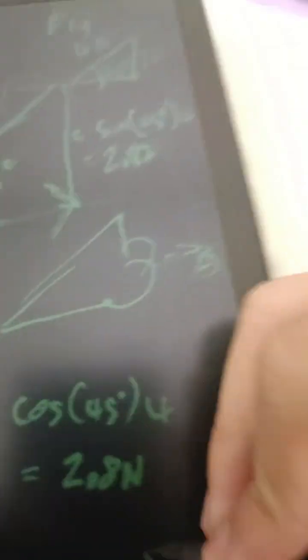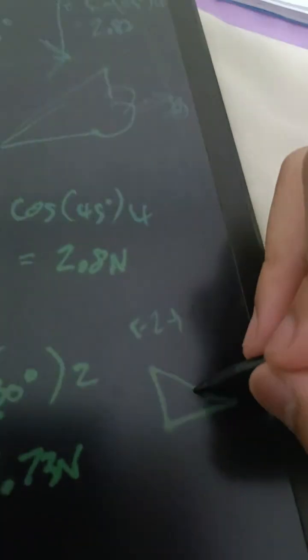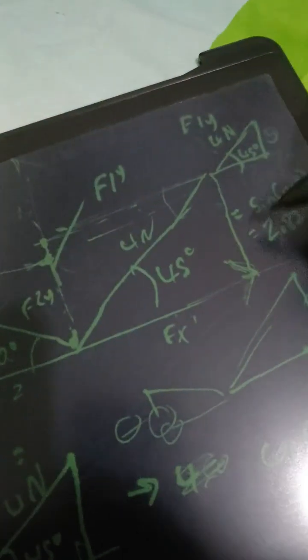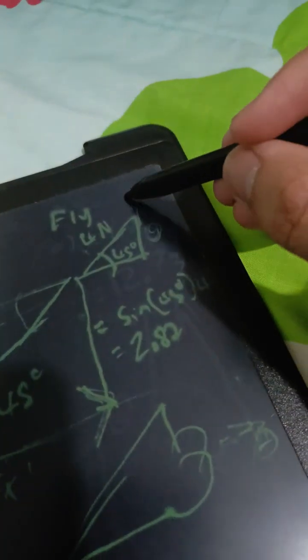Now f2y. Let's just put it over here. And oh yeah, by the way, this rule of which butt is facing left and right is only for fx, or f1x, f2x. For f1y, we're counting this, right?